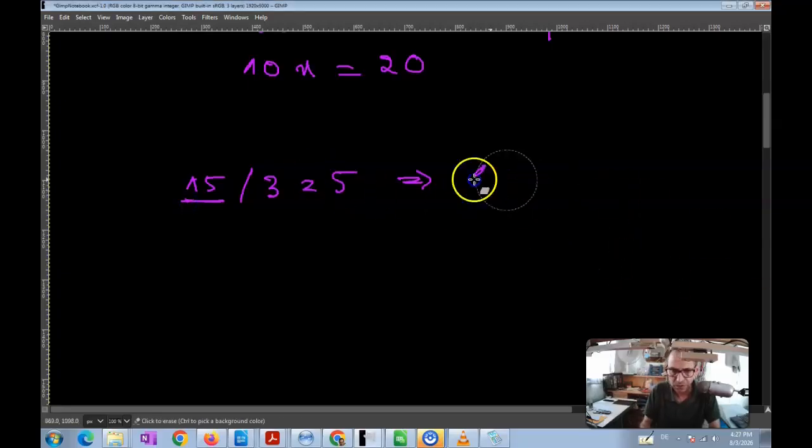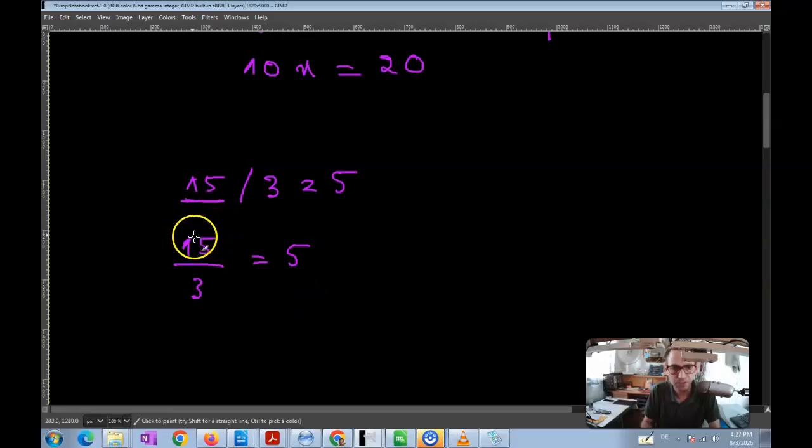You know that this number over here is the numerator, this number over here is the denominator. The number on the top side of the fraction is the numerator, the number on the bottom side of the fraction is the denominator, right?